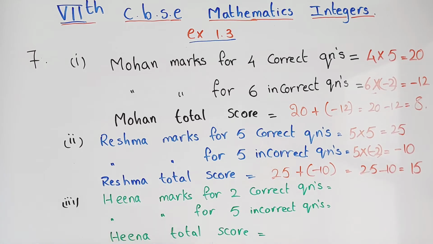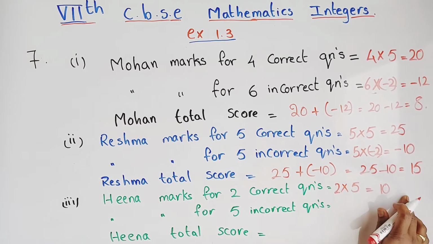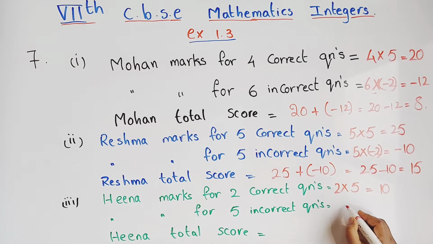Now we'll see Hina's marks. Hina's marks for 2 correct questions. She attempted only 2. Correct question mark is 5. How many questions she attempted? 2. That means 10 marks for correct questions. Hina's marks for 5 incorrect questions. What is the mark for incorrect questions? Minus 2. She attempted 5 incorrectly, right?